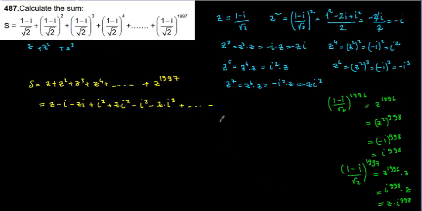So I'm writing the last terms here. When the powers are odd, it's negative. When the powers are even, and 998 is an even power, it's going to be plus.